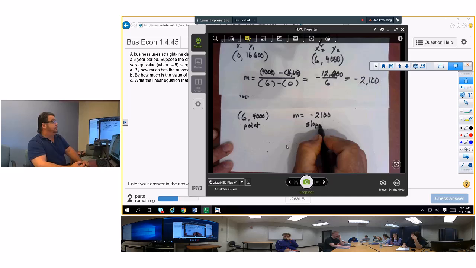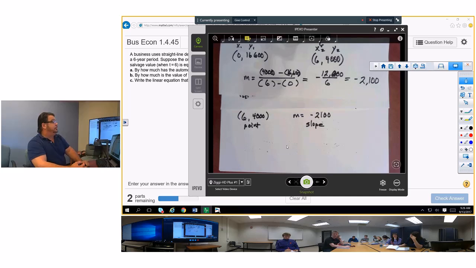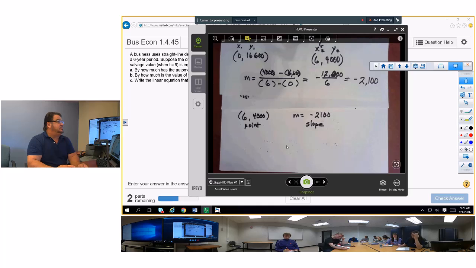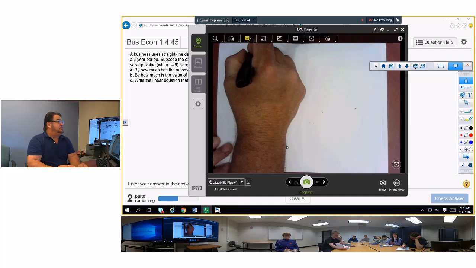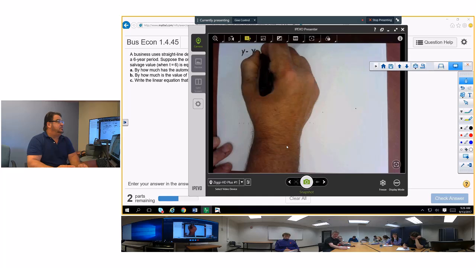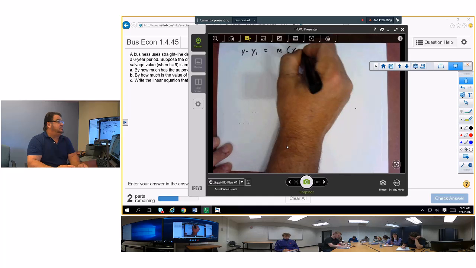Now we have a point and what? Slope. We use the point-slope equation. What is the point-slope equation? y minus y sub 1 is equal to m times x minus x sub 1.